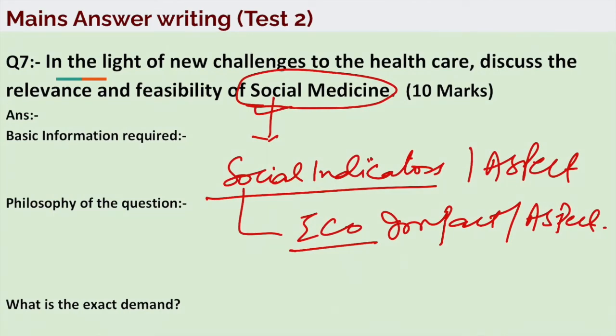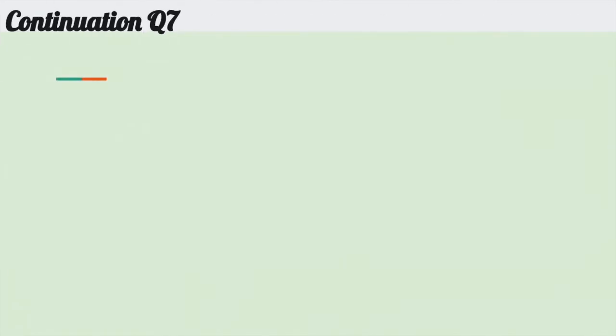But as I am talking about social medicine, I am giving you 4 keywords, and how I deconstruct these 4 keywords will be the guiding light for how to tackle such a difficult question in the examination. Social medicine is not being talked about for the first time after the pandemic, along with the family physician.